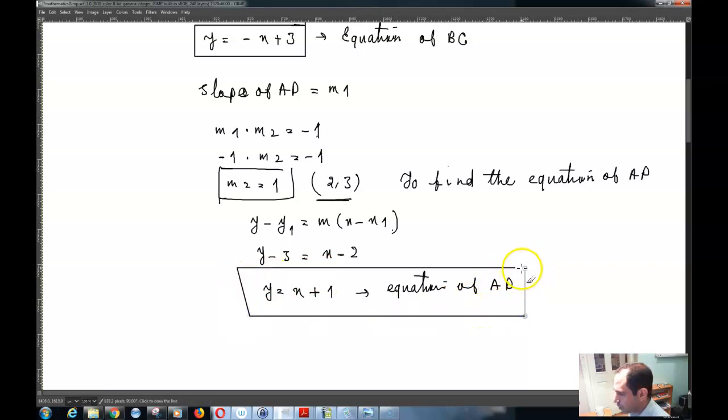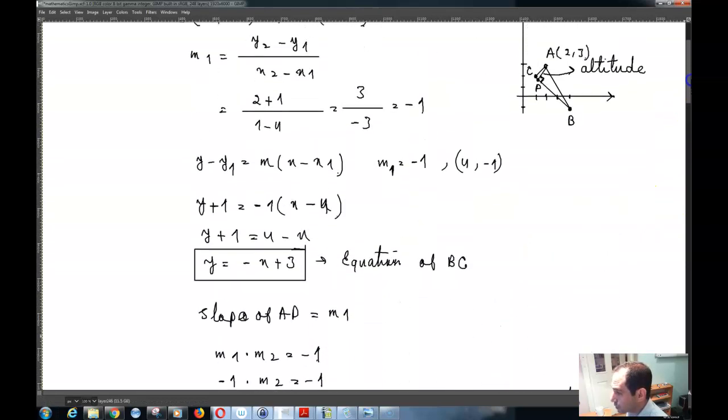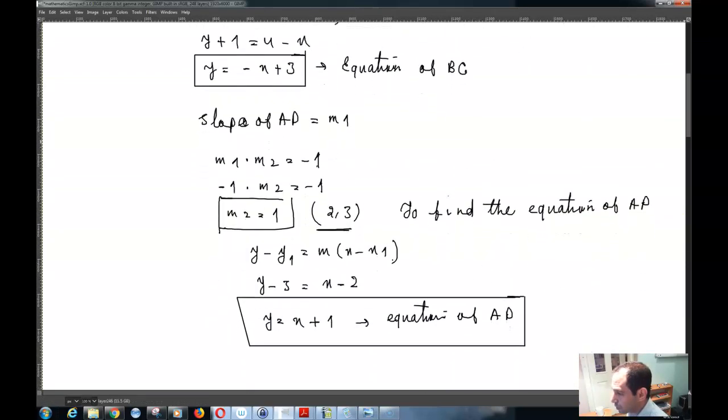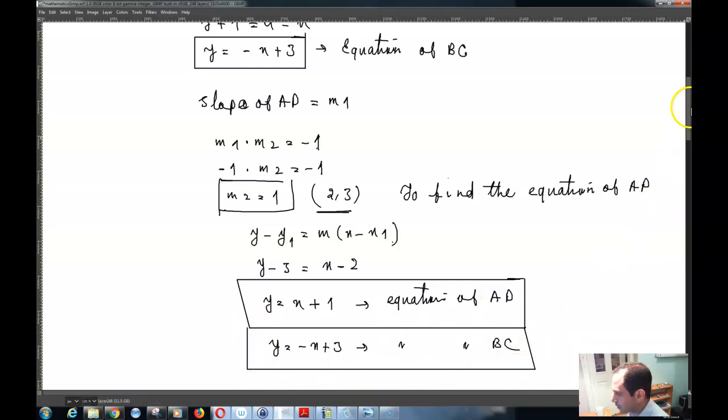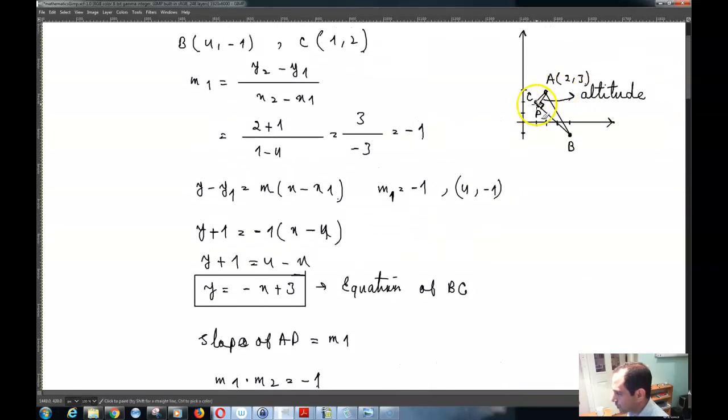Now we know that the equation of BC over here is y is equal to -x plus 3. This is the equation of BC, and we know that these two lines meet at some point over here.